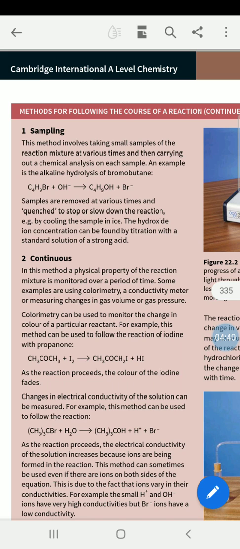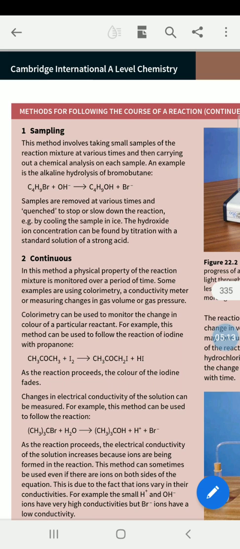Leave a line and write. To use colorimetry, there has to be the involvement of a chemical that changes color as the reaction progresses.